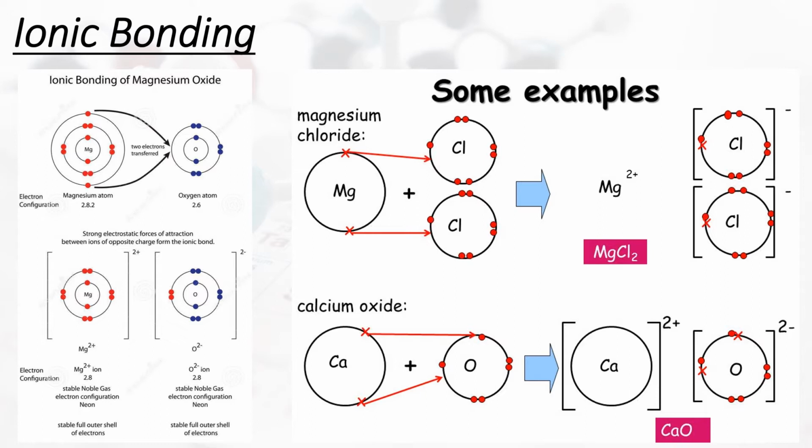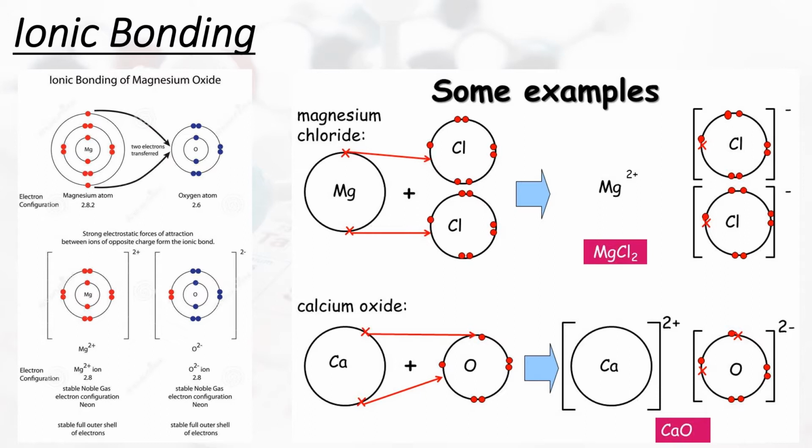That then leaves our magnesium having a full octet, a stable electron configuration, a noble gas configuration. And our oxygen, having gained these 2 electrons, becomes again a stable noble gas electron configuration. And so we end up with a magnesium 2+ cation and an oxide O2- anion. And again, it's these strong electrostatic forces of attraction between oppositely charged ions that forms the ionic bond.